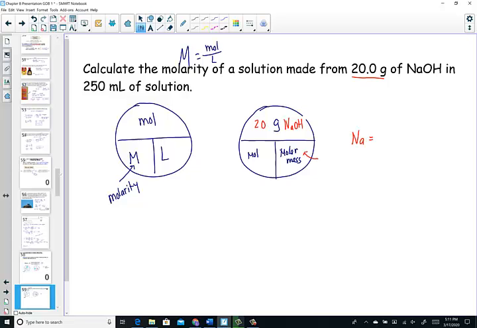If I just go to the periodic table and I find the atomic weight of sodium, 23, oxygen weighs 16, hydrogen is 1. You see how I'm just giving these whole numbers? 23 plus 16 is 39, plus 1 more is 40. The molar mass is 40 grams per mole for NaOH. That's the number I know right here, 40 grams in every 1 mole.